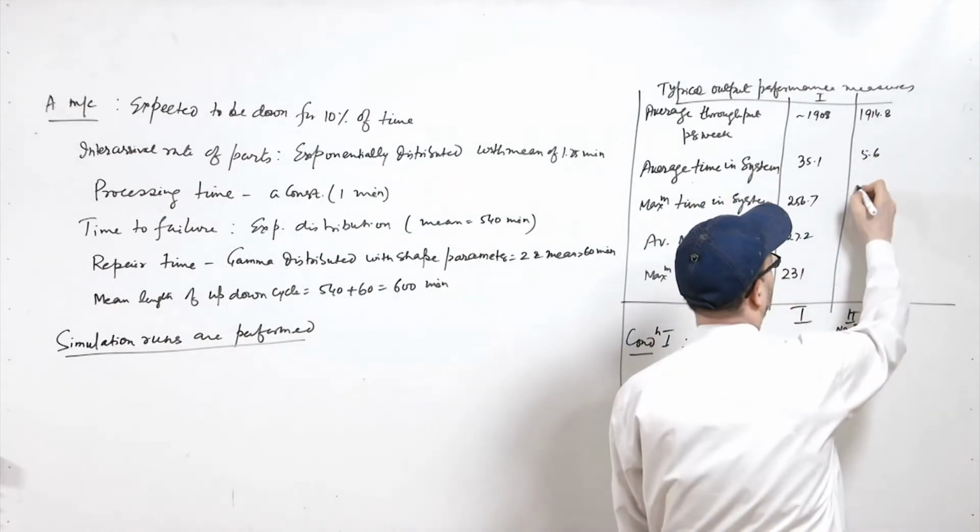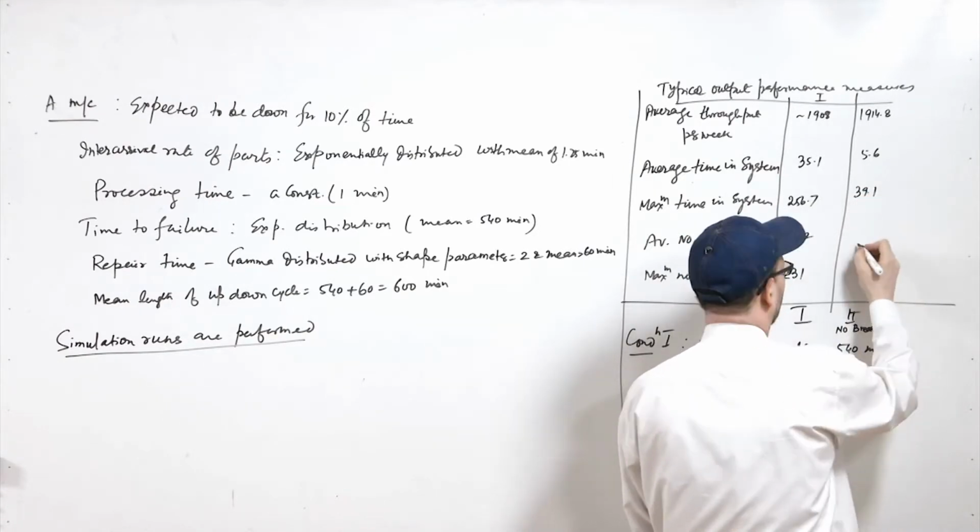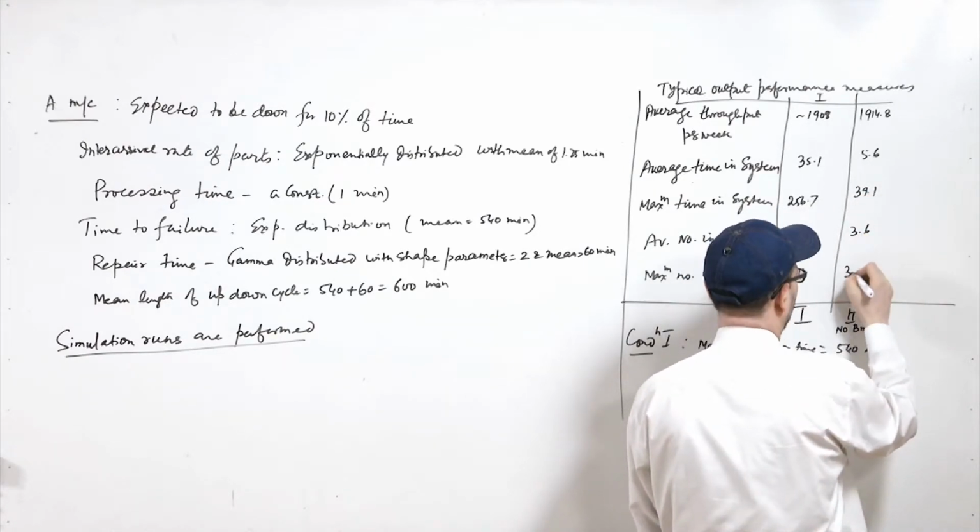Then this is 39.1, this is 3.6, and this is 35.